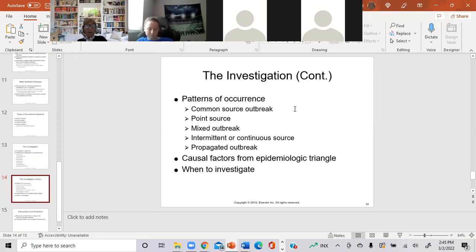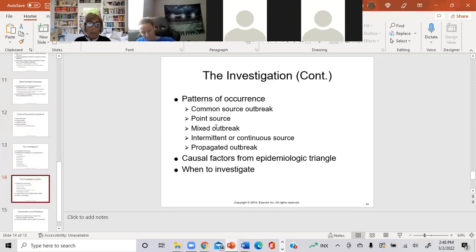How did it occur? Was it a common source? We'll go through those. Common source is, let's say, everybody's been exposed to something and everybody gets sick. So the example they use in the book is a gas being released on a train. Common source.